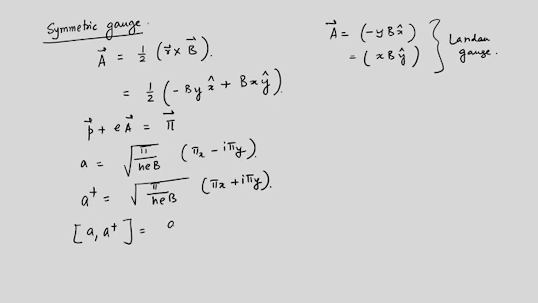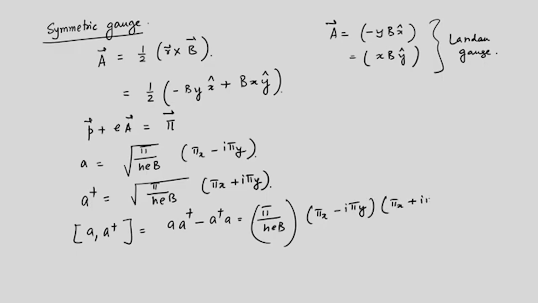This is something that even though I expect you to do, let me do it, because we are introducing these things for the first time. So both prefactors get multiplied, and we have pi x minus i pi y and pi x plus i pi y. Okay. So that's your a and a dagger and so on, and so there is pi x plus i pi y and pi x minus i pi y.